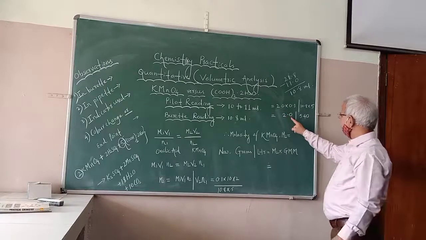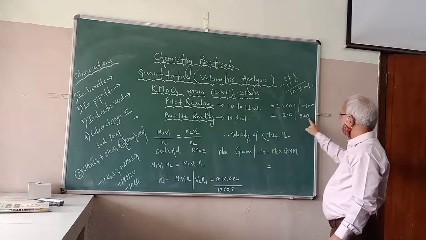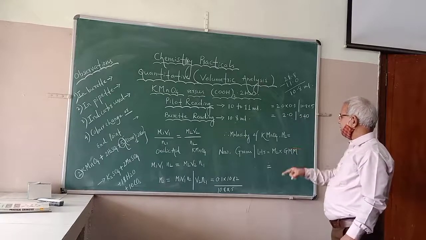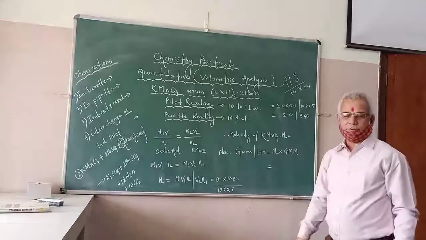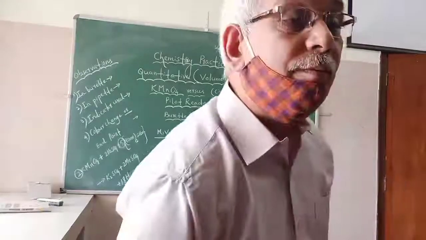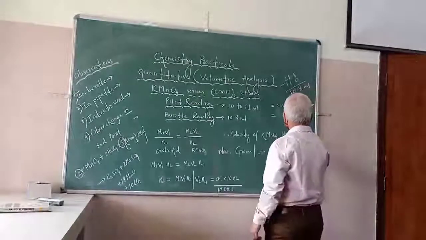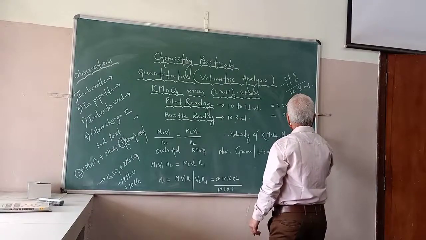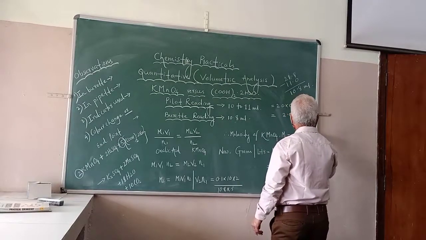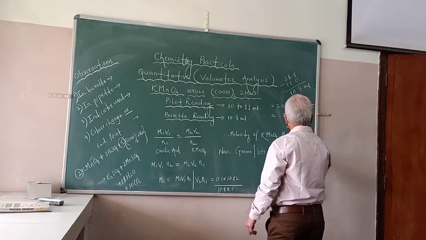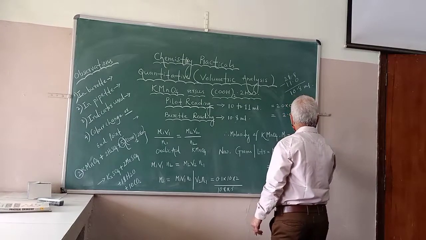So 2.0 divided by 54.0 gives the molarity of KMnO4, which is 0.037, approximately equal to 0.04.